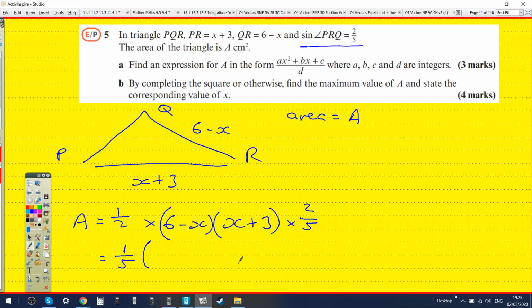And then those brackets expanded, that'll be minus x squared, minus 3x, plus 6x, plus 18.